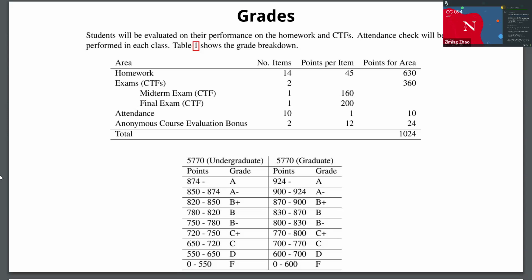I will take some random attendance check, but we only have a small class, 15, 16 people. So if you show up enough, I would not really do too much about this one. Like I said, sometimes you have family commitments, you have all kinds of things.